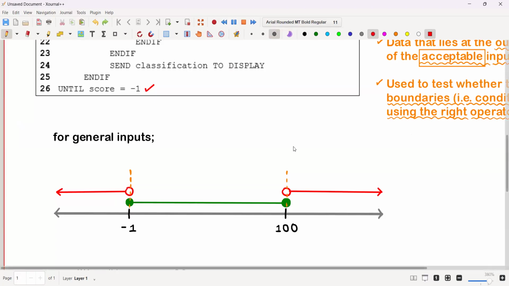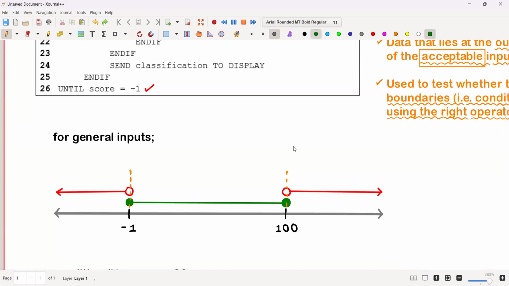The idea is -1 to 100, where -1 is the exit condition value, which is also a valid value accepted by the program just for the program to stop running. In terms of the actual score, the proper scores are between 0 and 100. But keeping that aside, basically -1, 0, 1, 2, 3, 4, 5, 6, all the way until 100, are all generally accepted values for the purpose of this program.